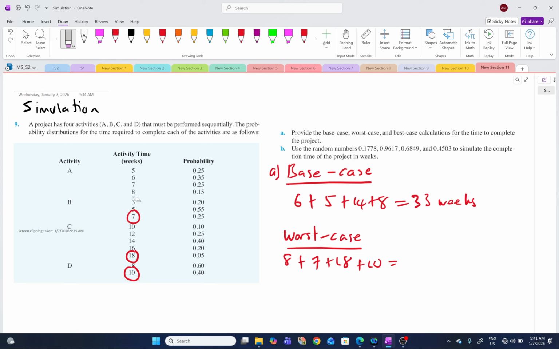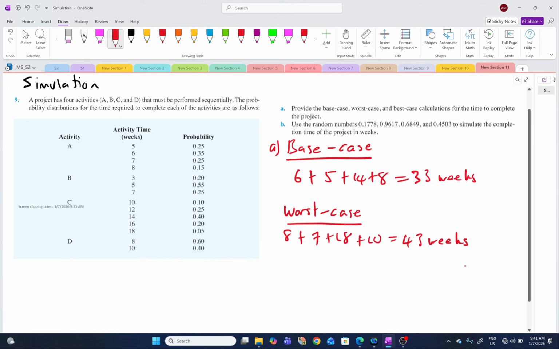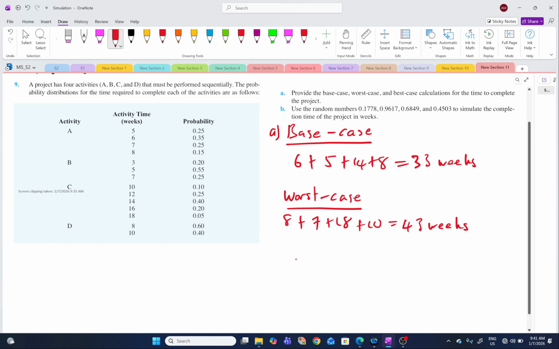Paling teruk lah ini. Sebab nak siapkan satu projek itu mengambil masa yang sangat lama. This is 43. The last one would be best case, which is the other way around.